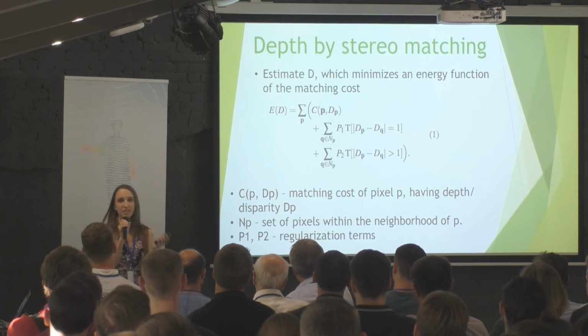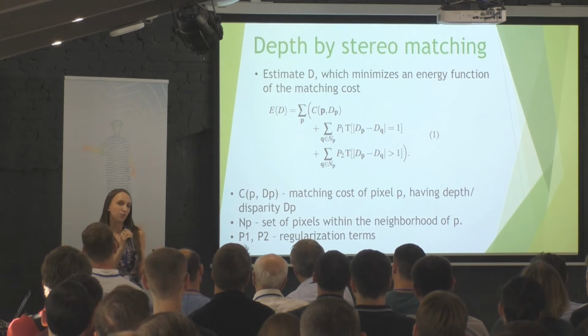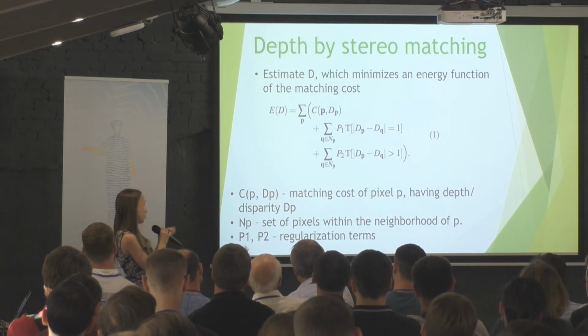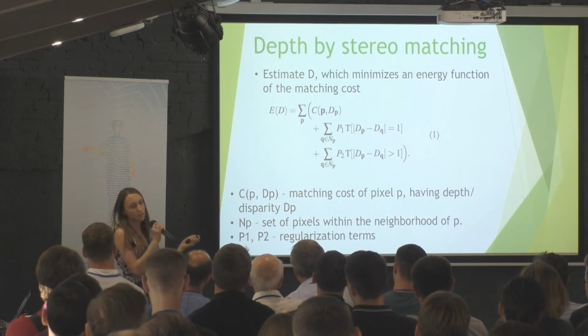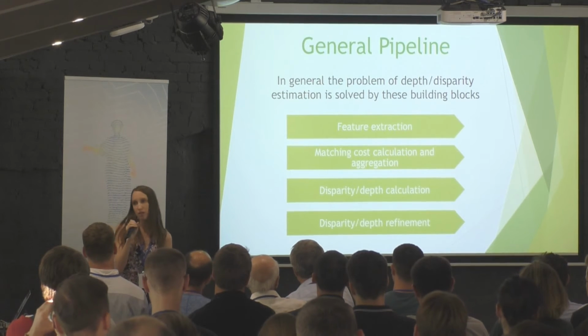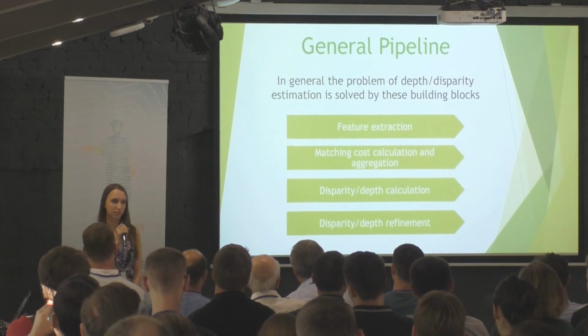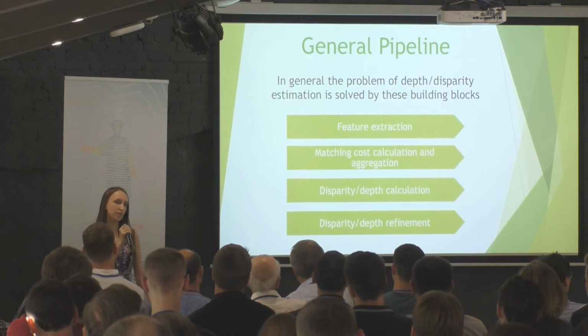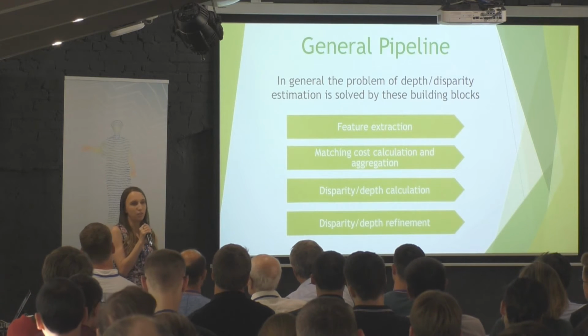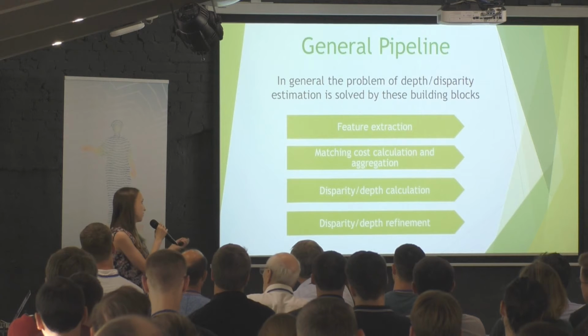You estimate disparity or depth as a minimization function. Here you have a cost, a sum over the costs, and the other two terms are just smoothness constraints. The general pipeline looks like this. First you have feature extraction, then you create the matching cost and aggregated values, then you find disparity values, and then you can do some refinement steps.